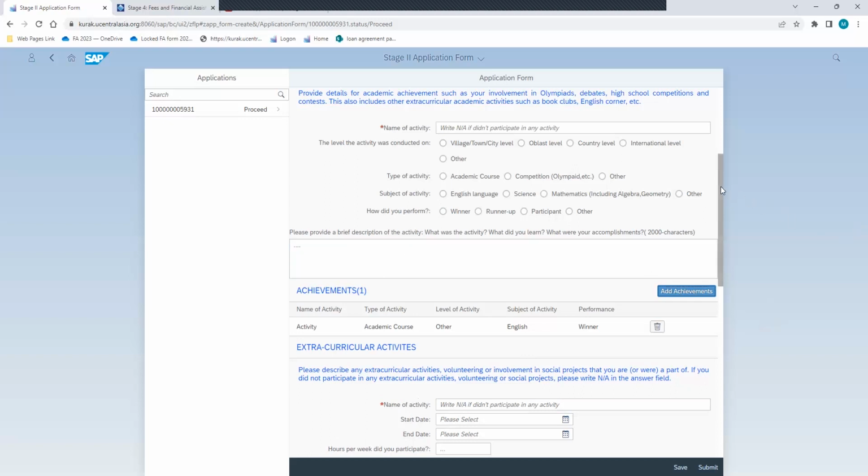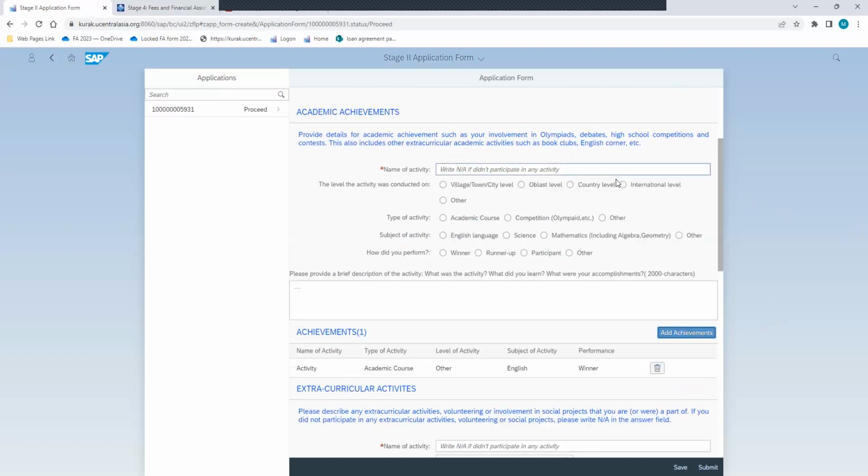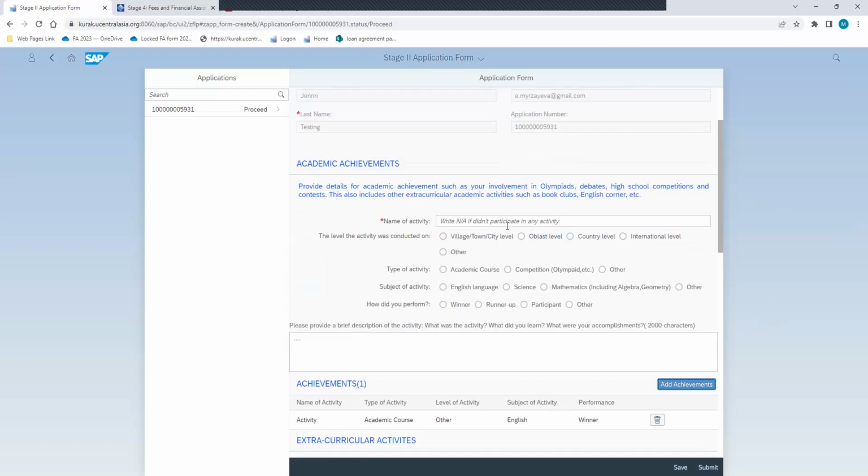So now we will go down. By the way, sorry, before starting to fill this in, I would like you to be sure that you are not using autofilling, which browsers usually offer. So please avoid using autofilling. Otherwise, you may have some trouble filling this application.